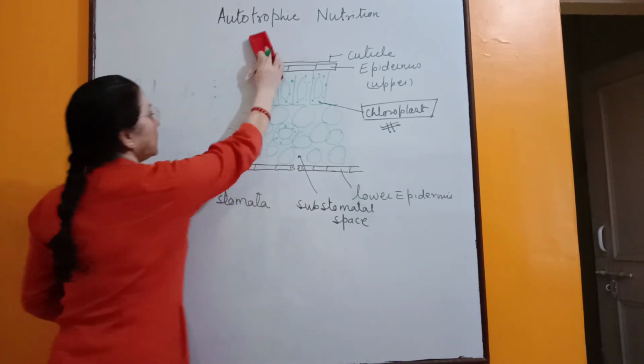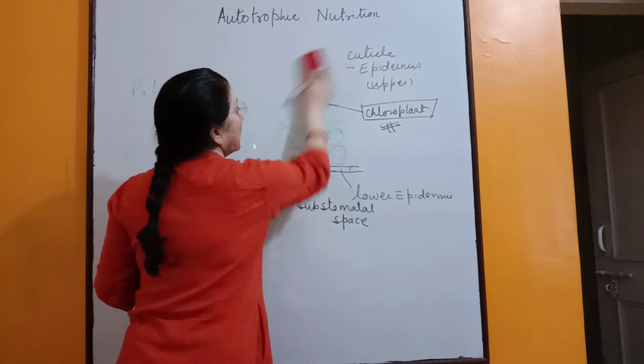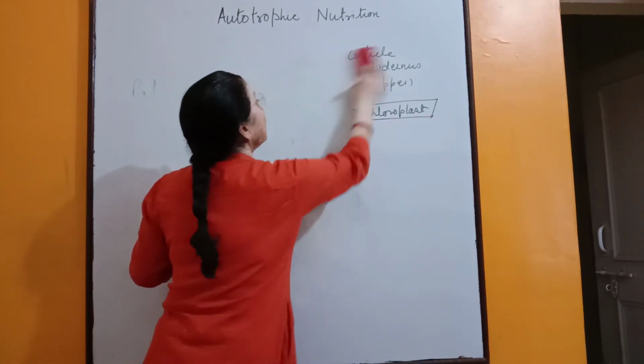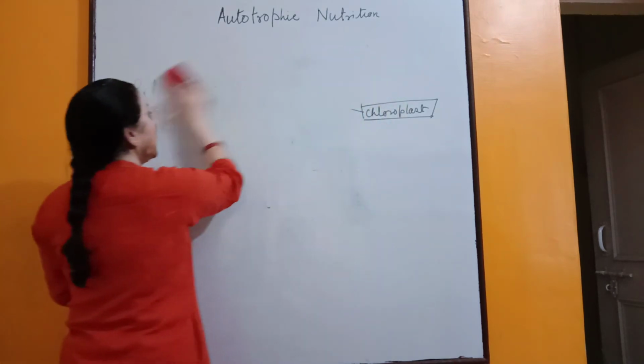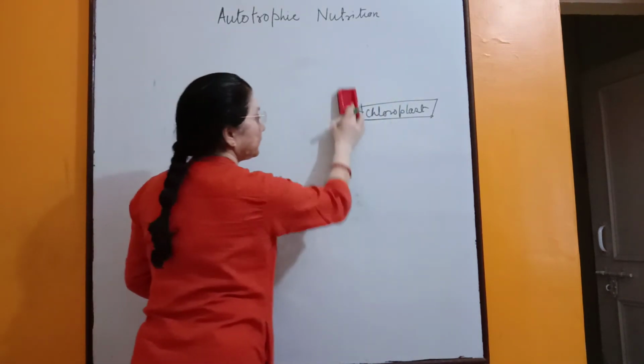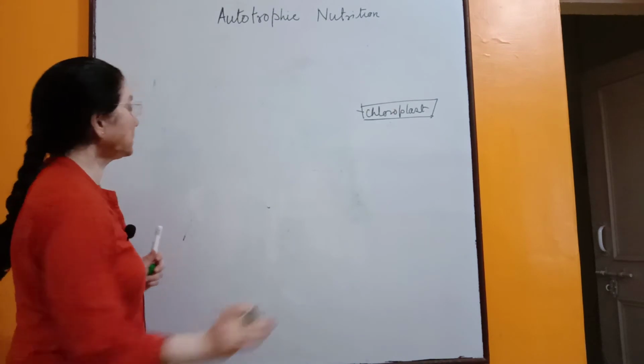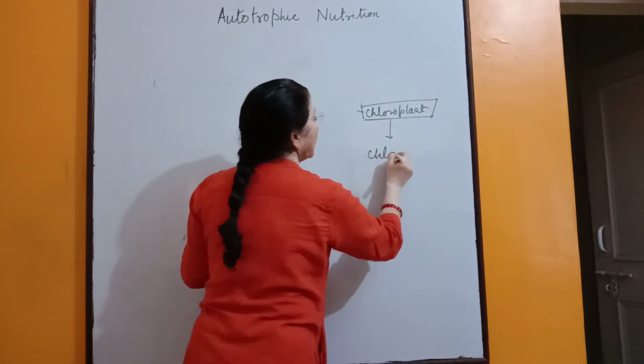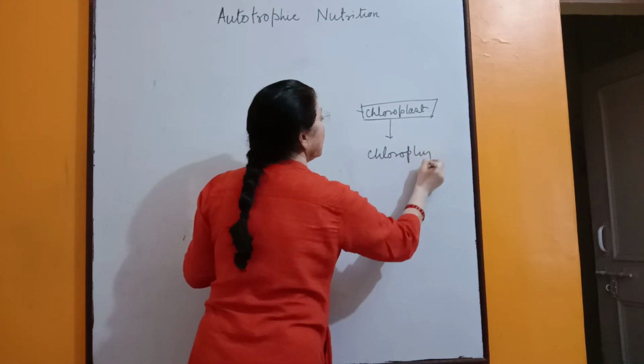Photosynthesis occurs in the chloroplast because the chloroplast is a special structure, and in this special structure there is a molecule called the chlorophyll molecule.